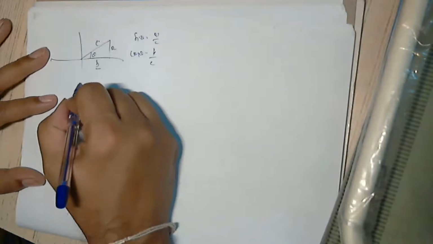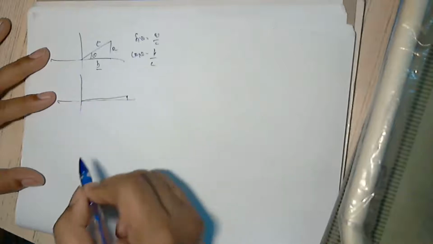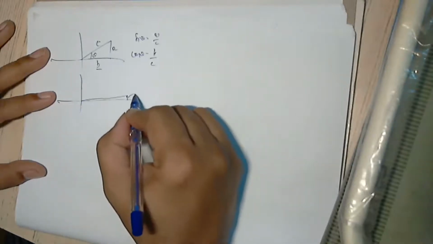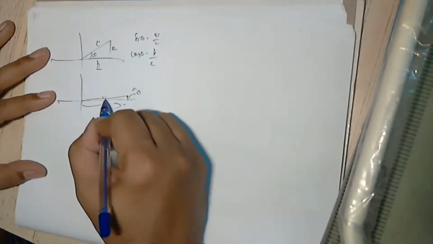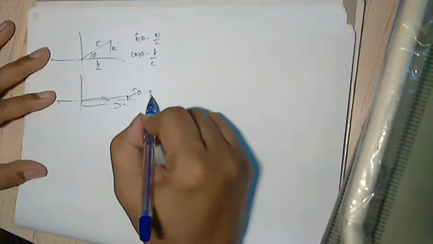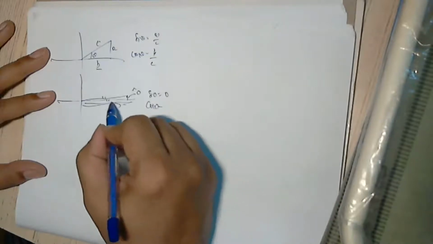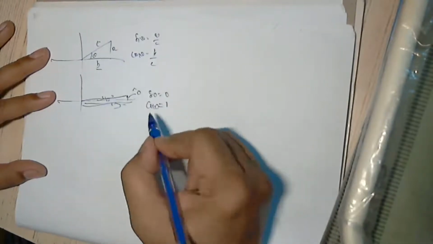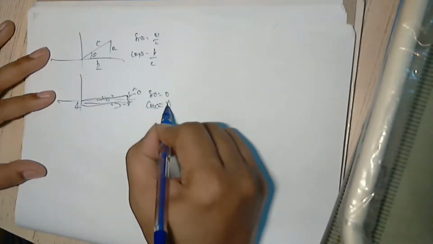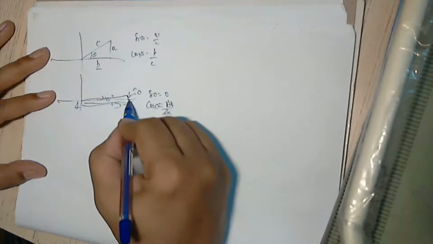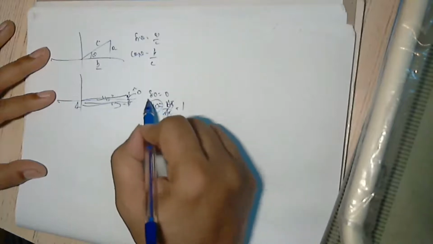Now suppose the same line is very near to this, so this portion is almost 0. This is your hypotenuse, and both are equal. So sine 0 is 0. Now what is cos 0? Cos 0 is adjacent side by hypotenuse. Both are equal, so 1. So A, B, C: AB by AC. When it is touching here, AB and AC are equal, so they get cancelled and become 1. So this is cos 0, this is sine 0.